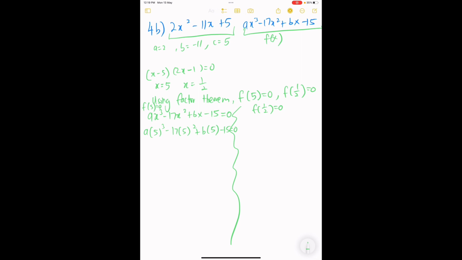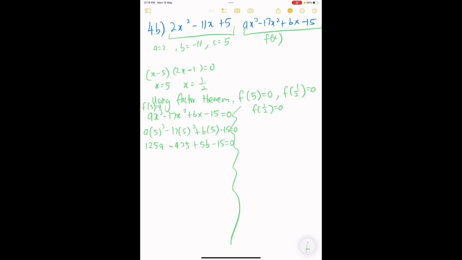Okay, so you solve the values, or the whole number can minus with whole number. A and b you put at the left side. So 125a minus 425 plus 5b minus 15 equals 0.